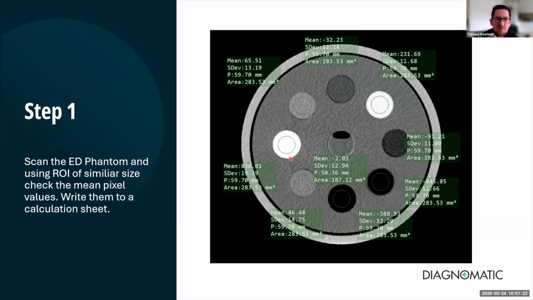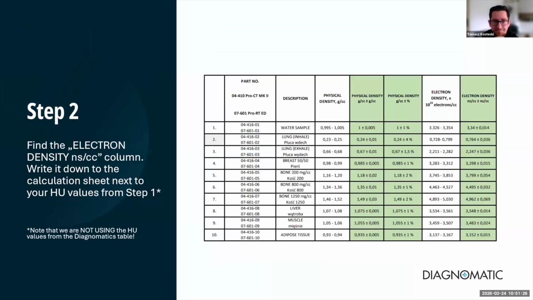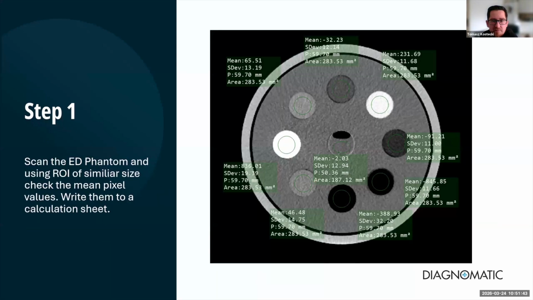We should write them to a calculations sheet. Then find the electron density in the table we provide, and write them accordingly to the information from the scan.